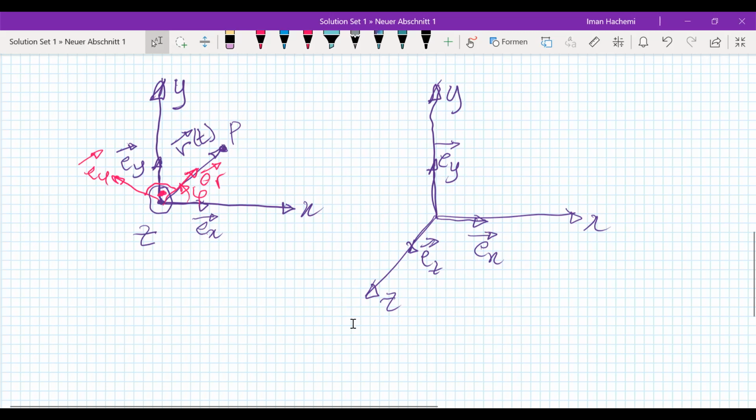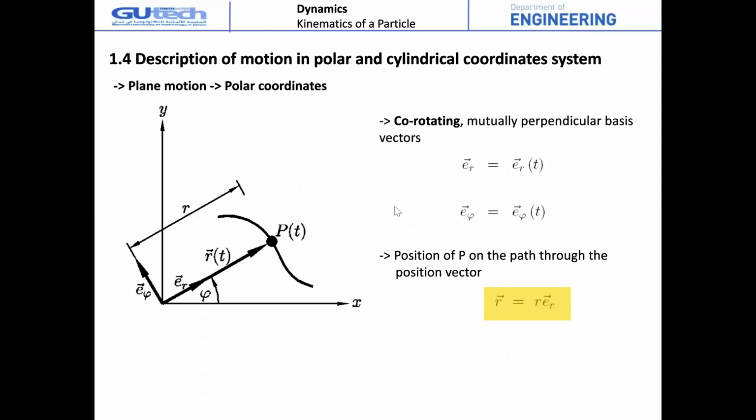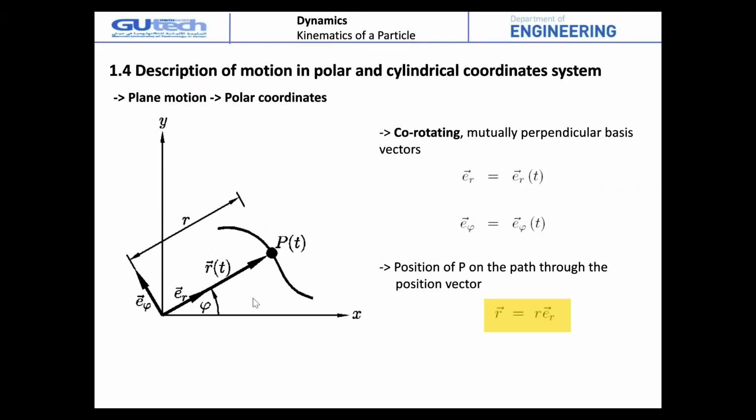Now, if I return back to the slide, what we have here, as we said, is Er and E phi. There is 90 degrees between Er and E phi, and outward there is the vector Ez, or the axis Z. What we see here is the position of the particle at each time.